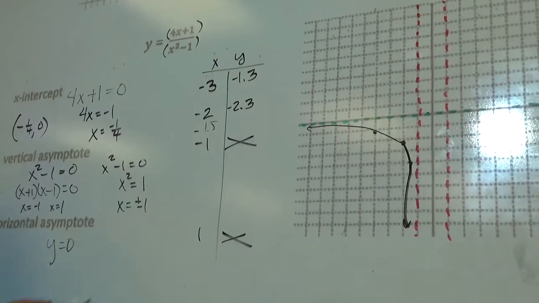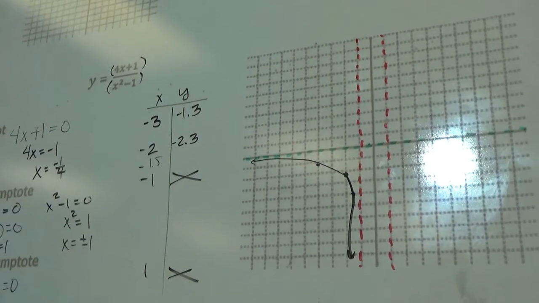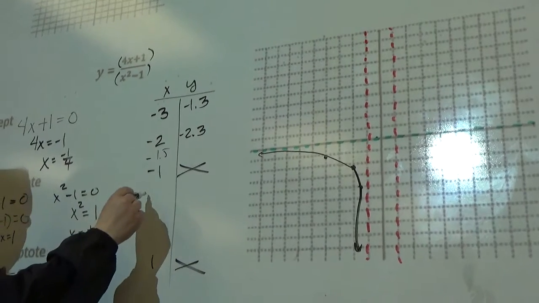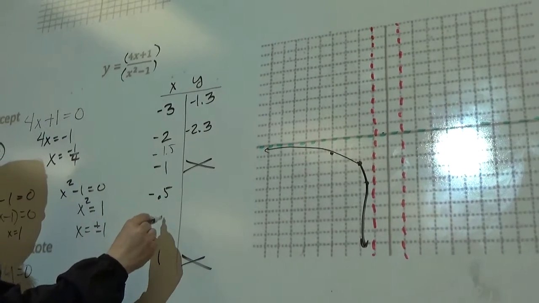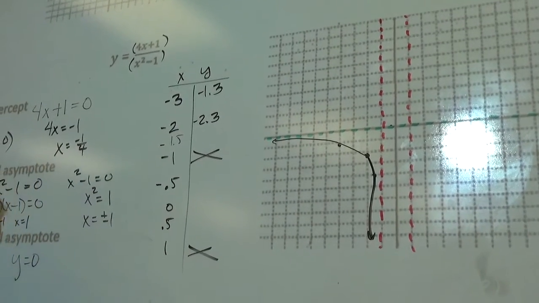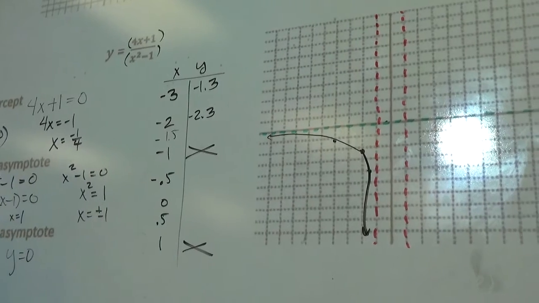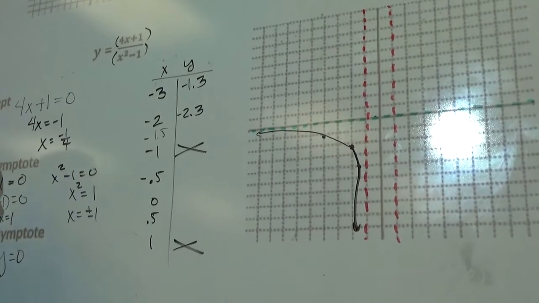Okay, let's try some numbers between negative 1 and 1, in between those two asymptotes. So I'm going to try negative 0.5, 0, and 0.5 and see if that gives me an idea of the graph. What shows up next to negative 0.5? 1.3?